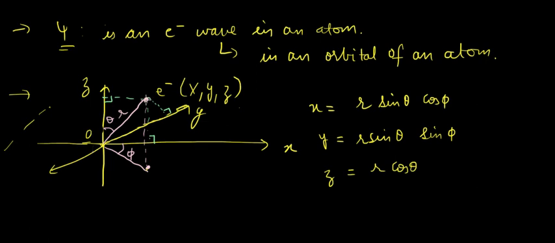When we project this distance onto the z-axis, it is r cos theta, which is z. When we project the electron on the ground, it would be at this position, which is r sin theta. So this r sin theta is this distance.